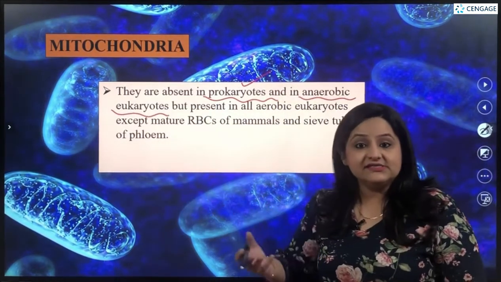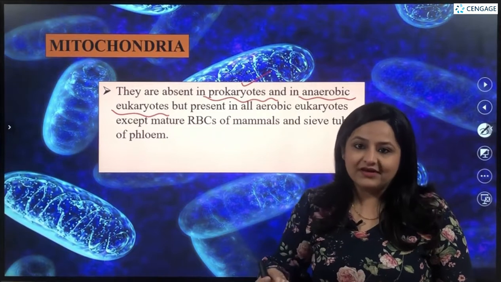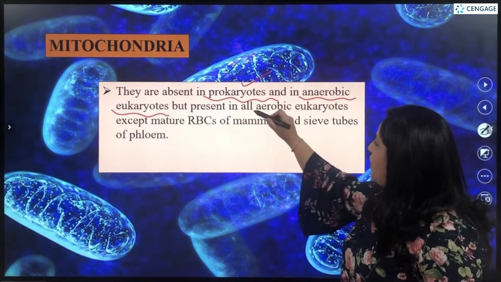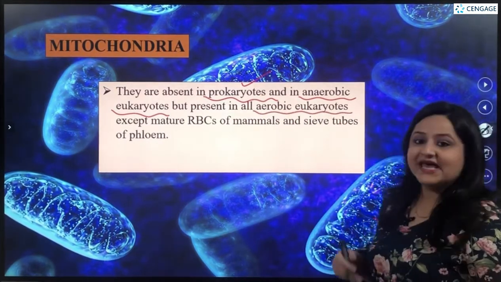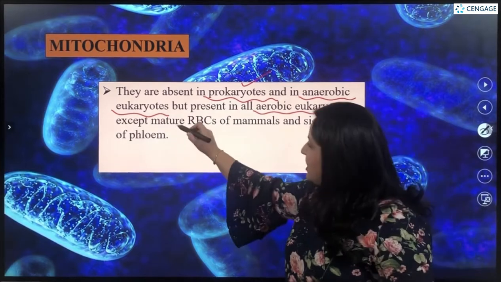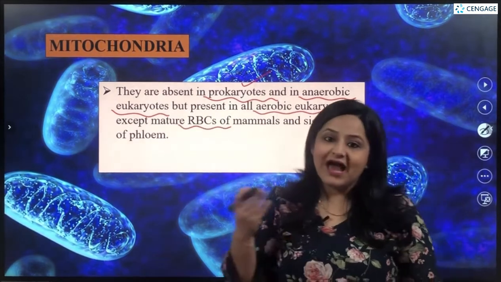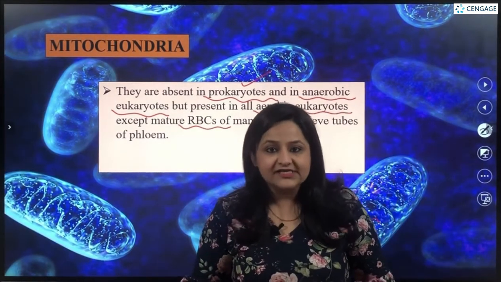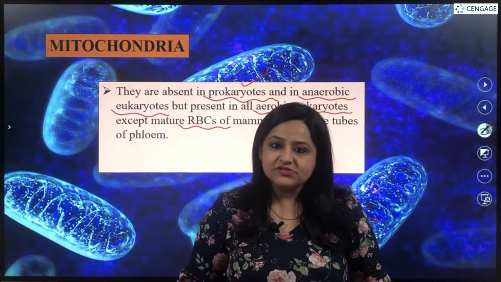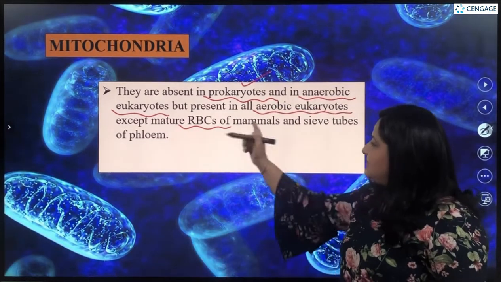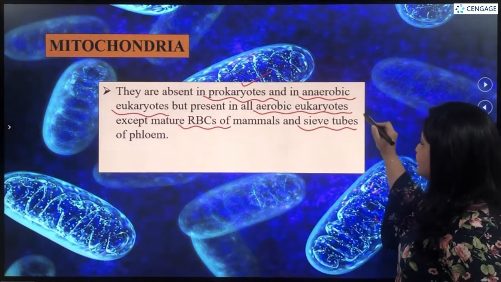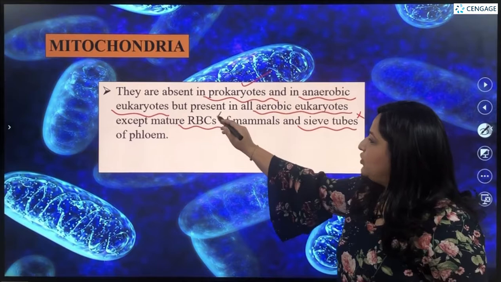But these organelles are present in all aerobic eukaryotes except for mature RBCs, which obviously do not have many other cell organelles because of their functional roles, as well as they are not present in sieve tubes of phloem.